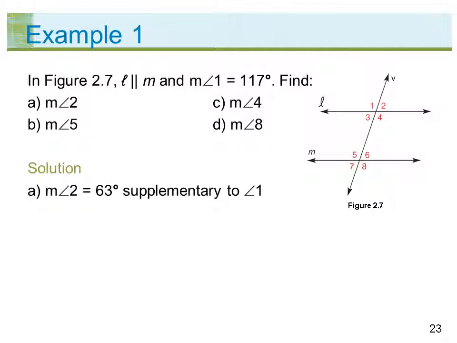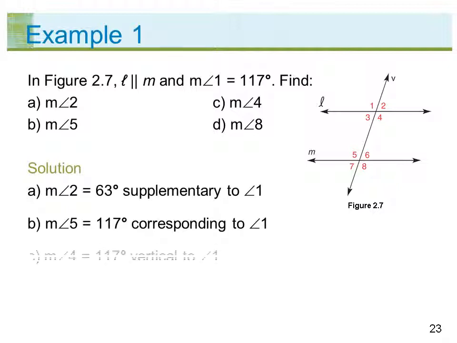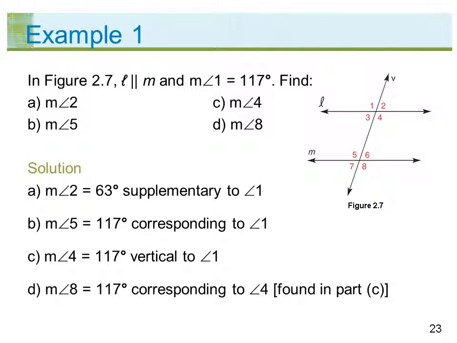It's supplementary to angle 1. B. Measure of angle 5 equals 117 degrees, corresponding to angle 1. C. Measure of angle 4 equals 117 degrees. It's vertical to angle 1. D. Measure of angle 8 equals 117 degrees, corresponding to angle 4, found in Part C.